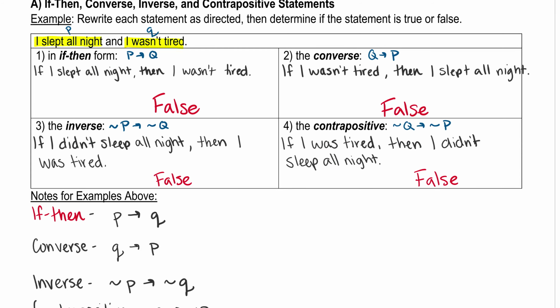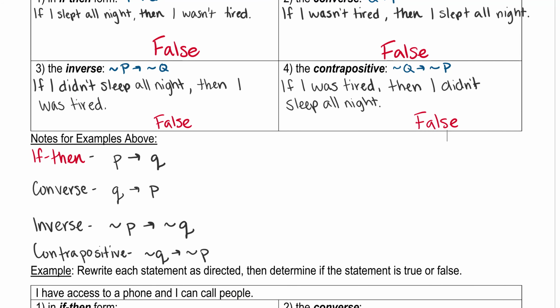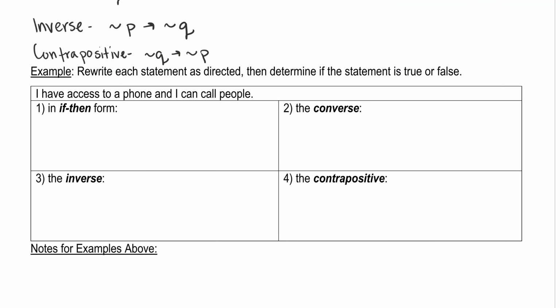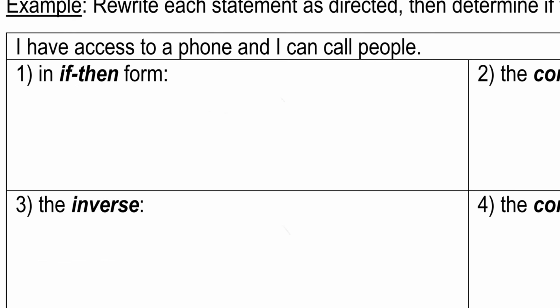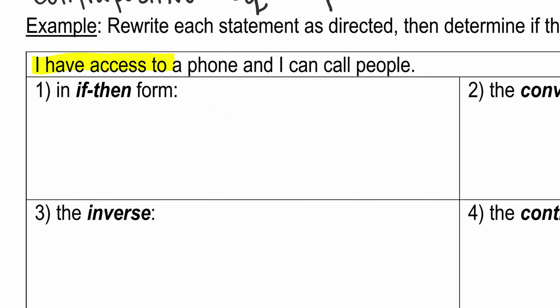Okay, so let's do another example right here. So I have two of these. So let's do this next one. Alright, so we have our first part, I have access to a phone. That can be our P. And the second part, I can call people. That can be Q. Okay.